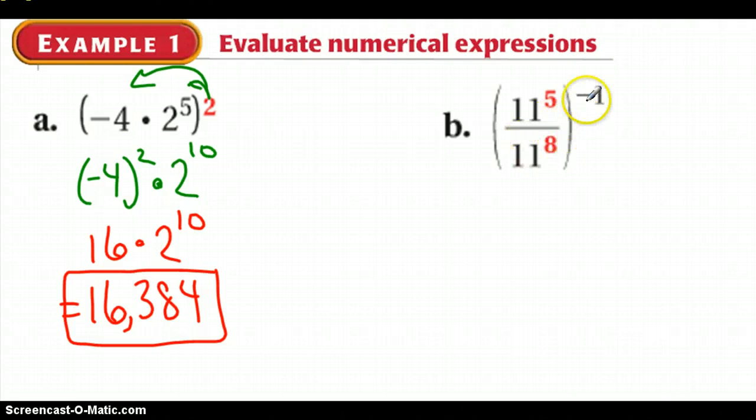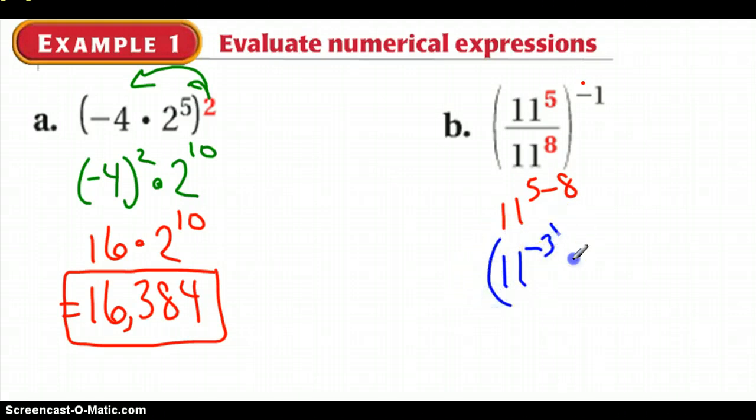All right, take a look over here. This one you could do a couple ways. You can notice that they have the same base, so you can go ahead and subtract. Remember that you will subtract 5 minus 8. It has to be the top minus the bottom. When you subtract, you get negative 3, and that's to the negative 1 power.